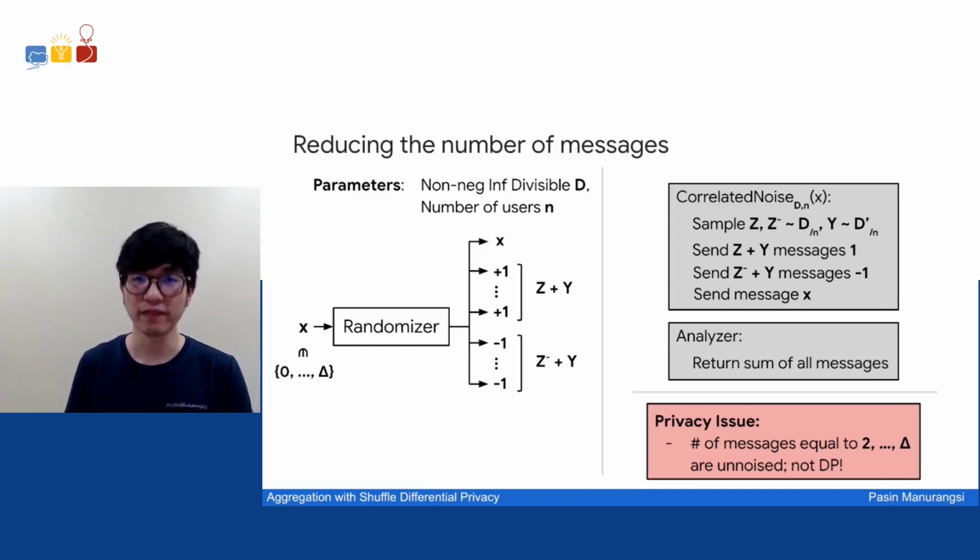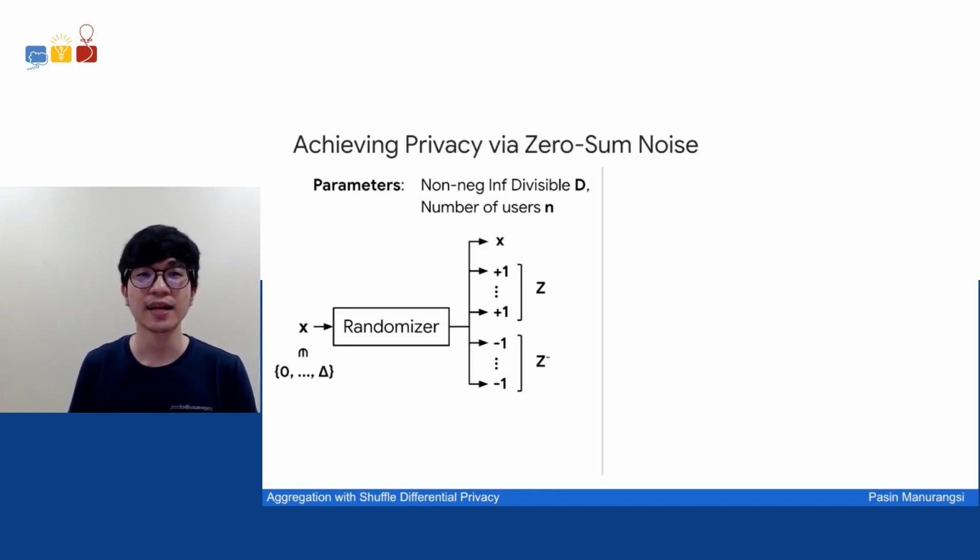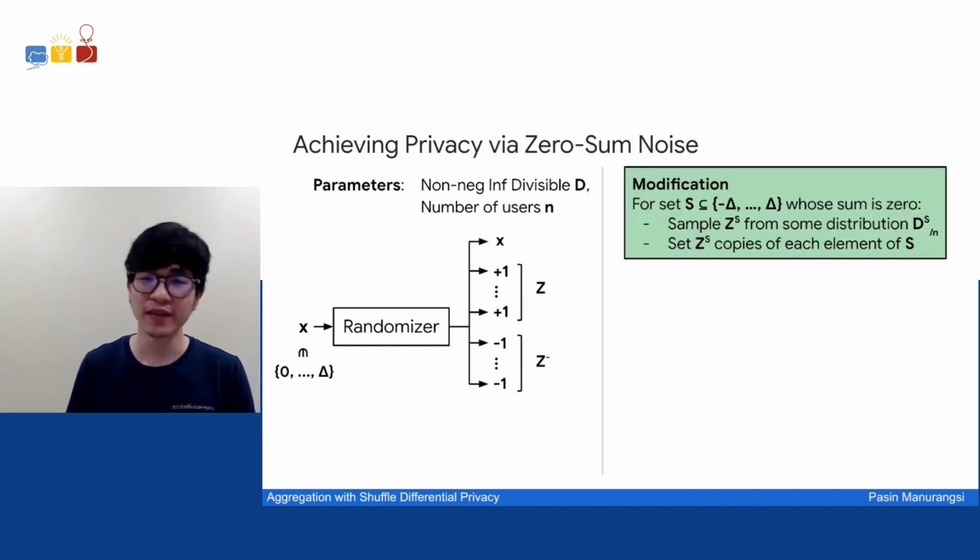Okay, so we want to fix this. And we'll fix this by just adding noise to those numbers, right? And we'll do this by, again, split and mix, which just means that we are adding more messages whose sums are 0. The exact modification is not too important, but we will select a certain family of sets that are subsets of minus Delta to Delta whose sum is 0.